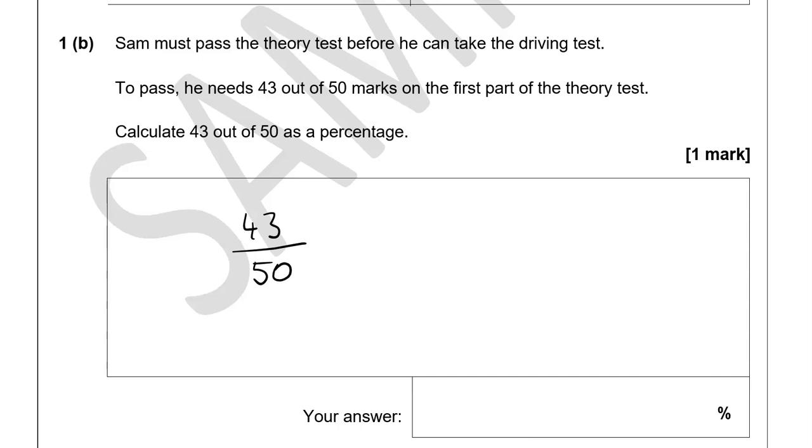Now percentage we write out of 100. So that means multiplying 50 by 2. And as we know, to keep the fraction the same, we must multiply the 43 by 2 as well. And that gives us 86. So 86 out of 100, that means 86%.